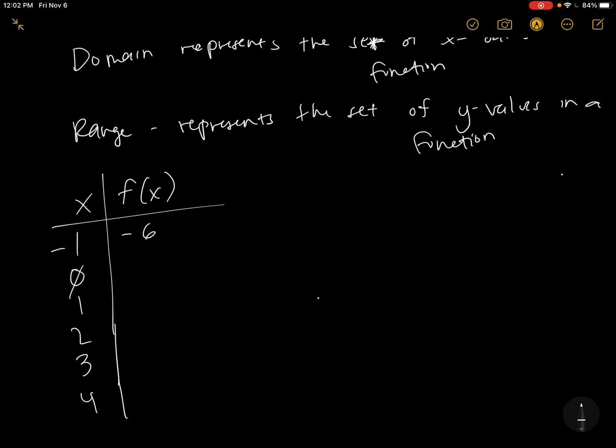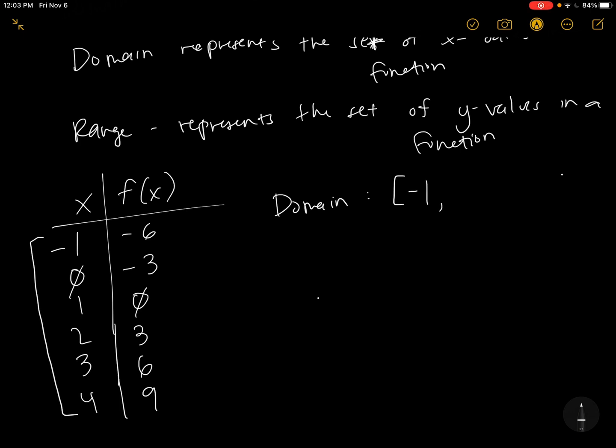And then maybe the values are -6, -3, 0, 3, 6, 9. So the domain, it's the set of x values. So that means my x goes from, you always put the lowest number, so it goes from -1 to 4.